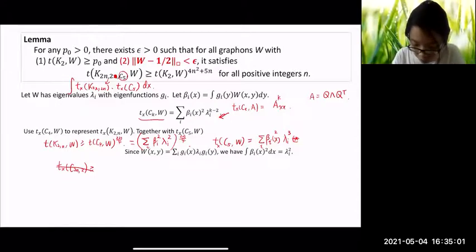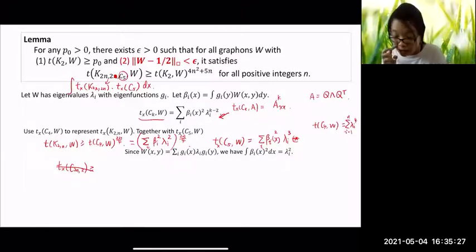And from here, we want to separate the main term and the error terms. The main terms are basically the terms corresponding to lambda 1, which is the biggest eigenvalue. A useful thing to notice is that the total number of C4 in W is the summation of lambda_i to the 4th. This is a standard exercise.